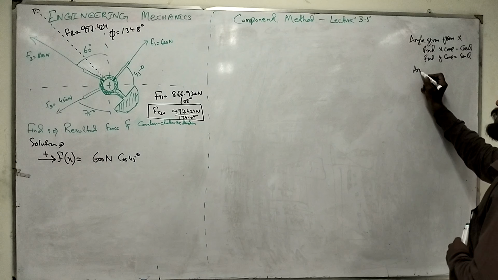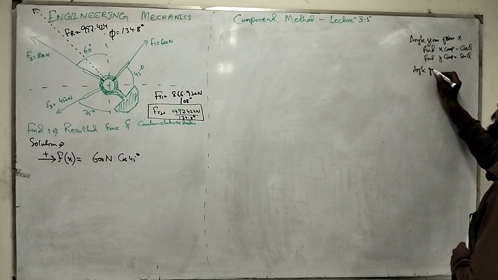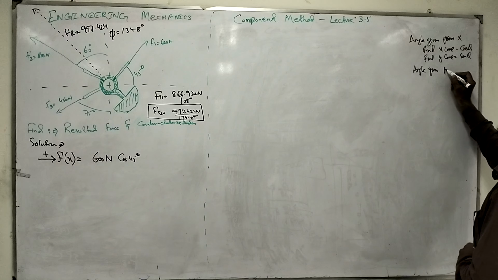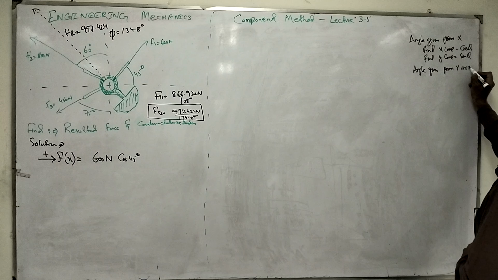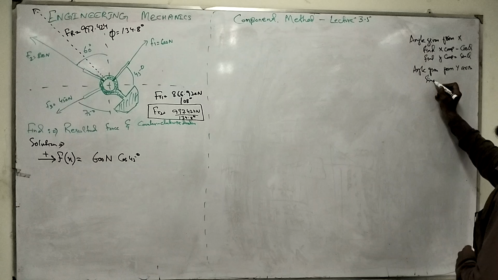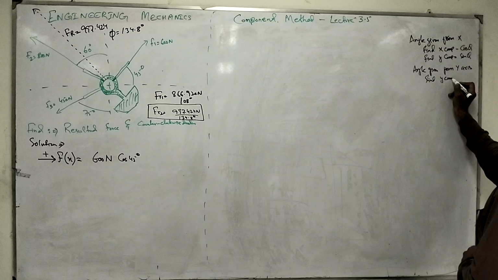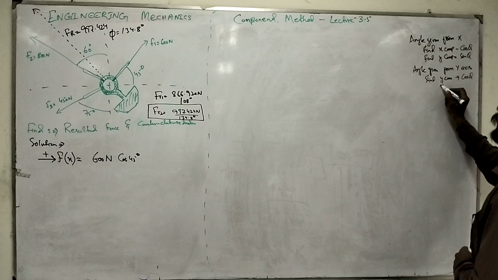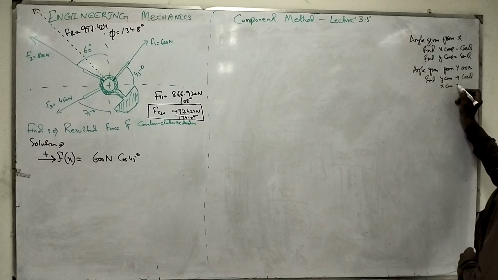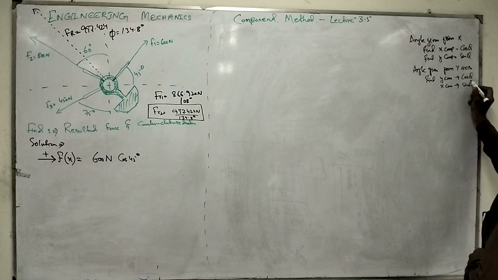But if the angle is given from the y axis and we want to find the y component, we will be using cosine theta. And if we want to find the x component, then we will be using sine theta.